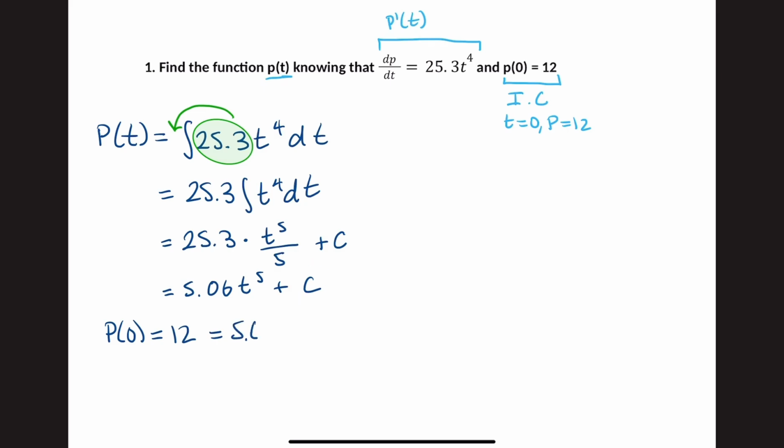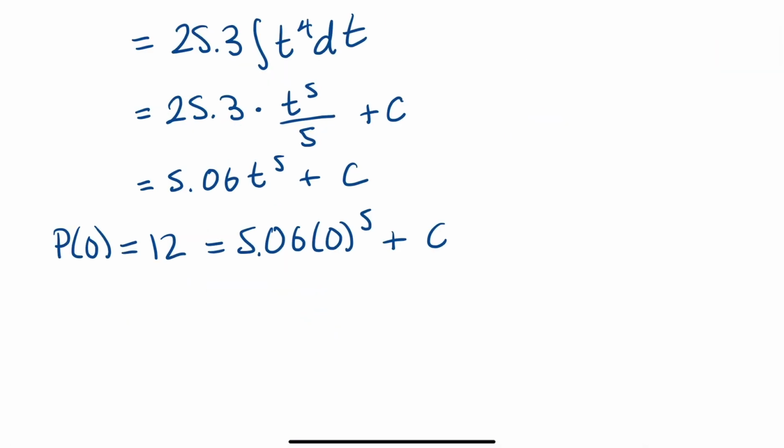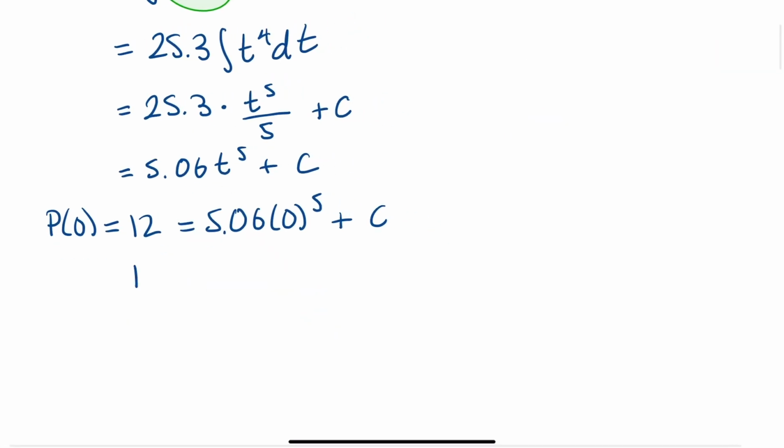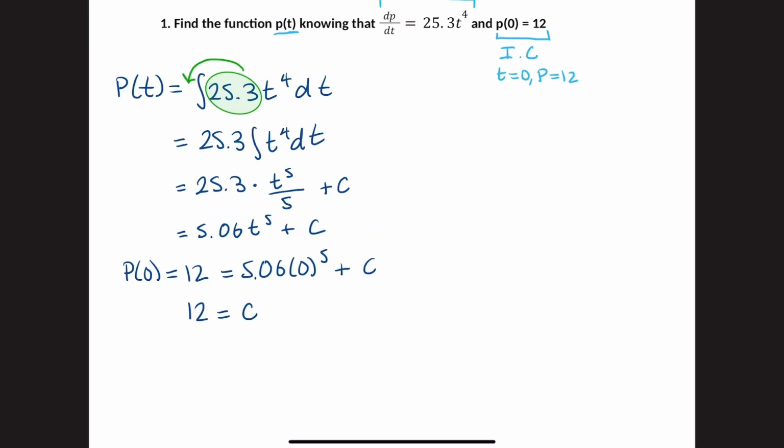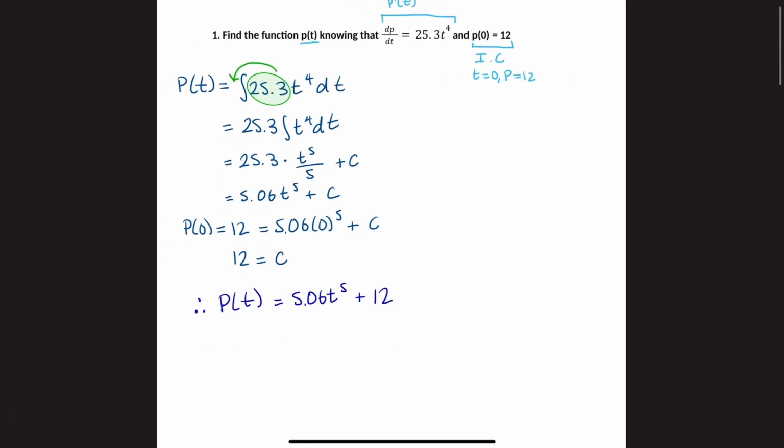So I can say 5.06 multiplied by 0 to the power of 5 plus c. And so I'm going to get 12 is equal to c. And so therefore we can say the particular solution to this initial value problem is p of t is equal to 5.06 t to the power of 5 plus 12.